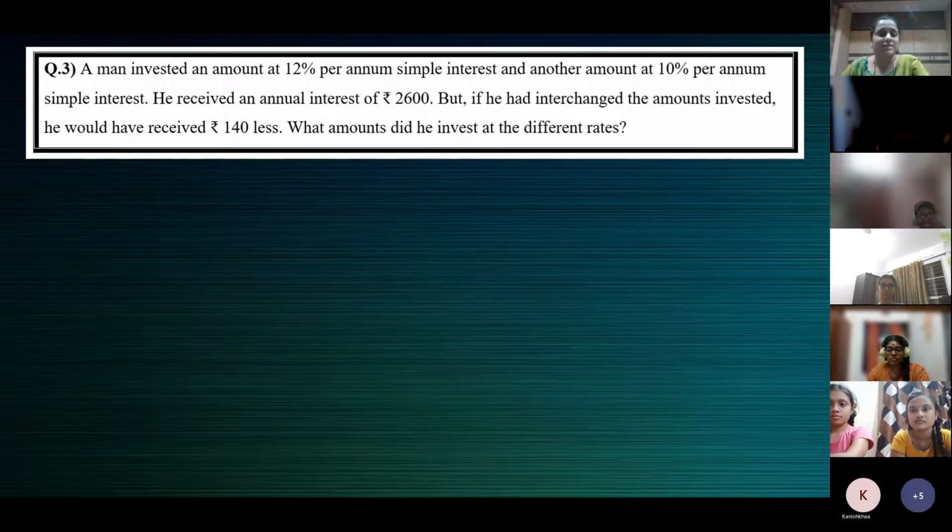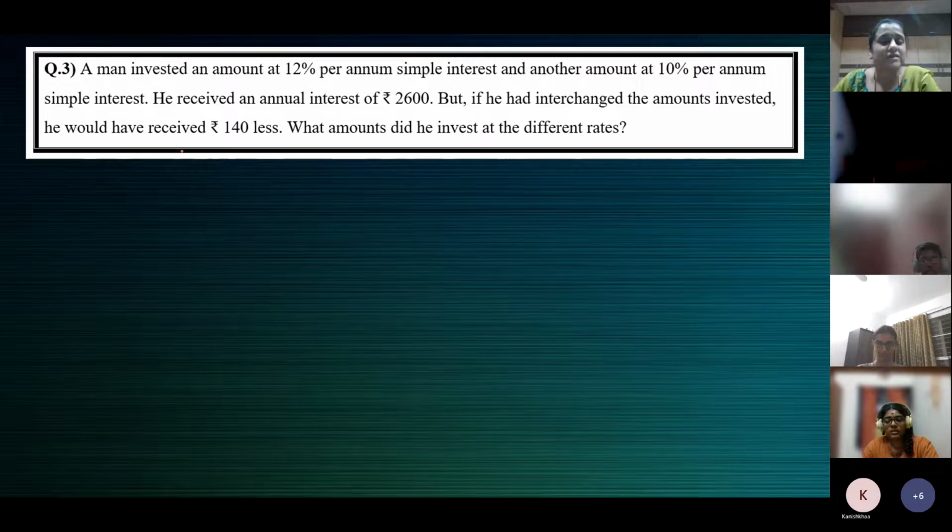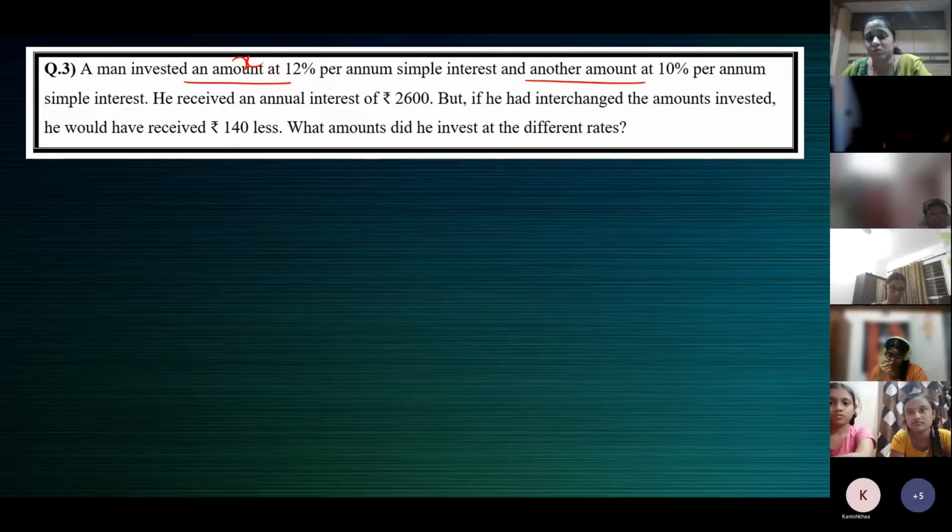So here a man invested an amount, we don't know, X, at 12% simple interest, and another amount, we don't know, Y, at 10% per annum simple interest. Per annum meaning for 1 year.